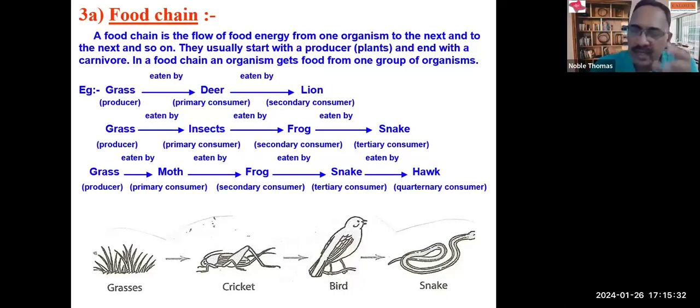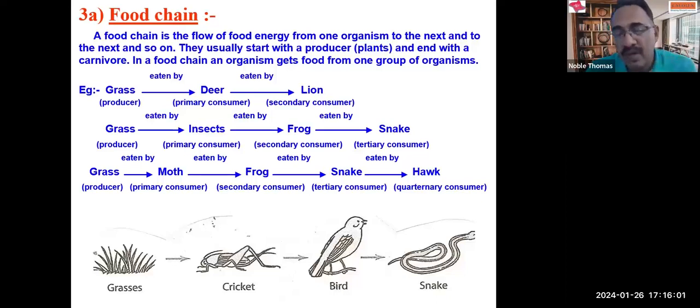Now, whatever energy the cricket is having, out of that energy, only 10% is going to go to the body of bird. Where is the 90% gone? Number one, the 90% energy may be utilized by the cricket itself, by jumping and flying and making its body organs, respiration, the physiological activities of its body, so many other things.